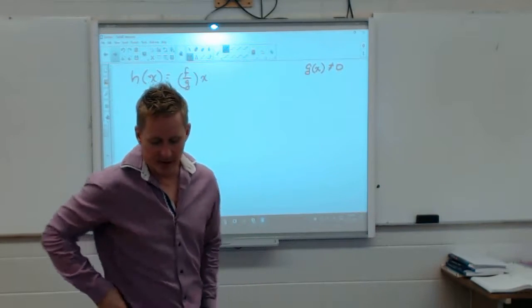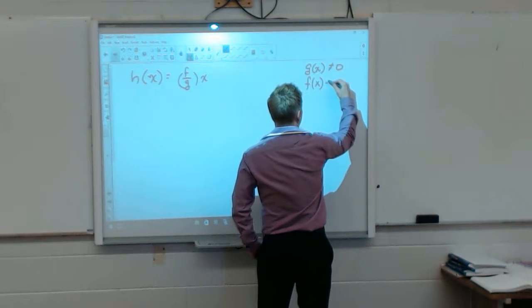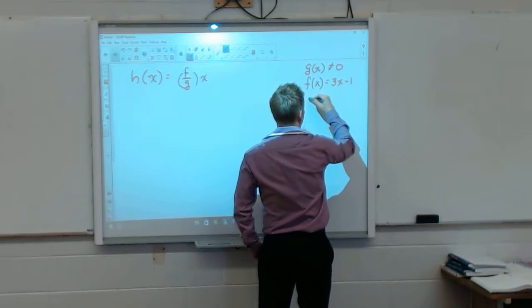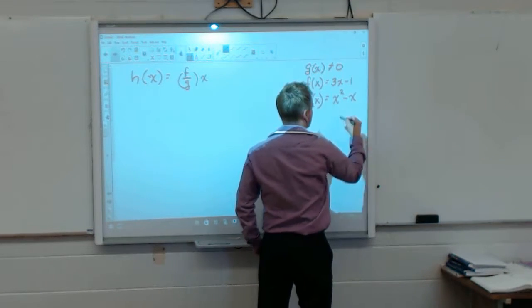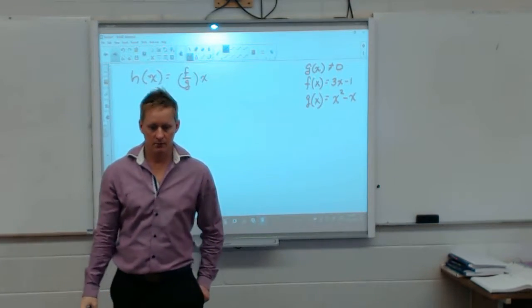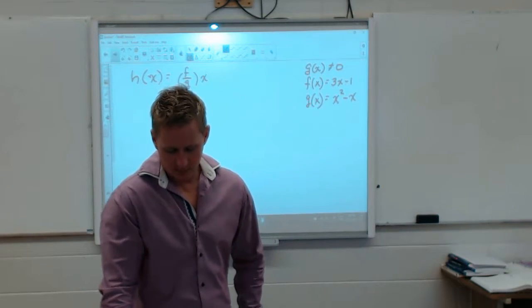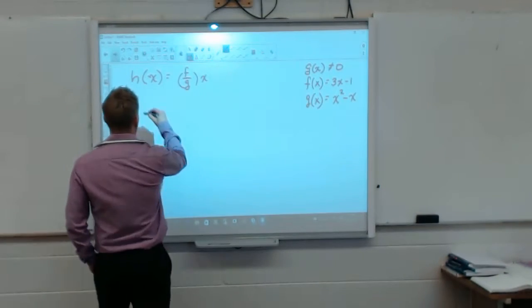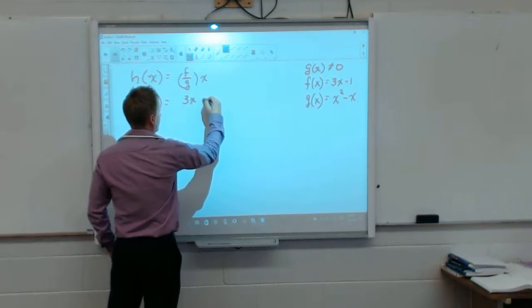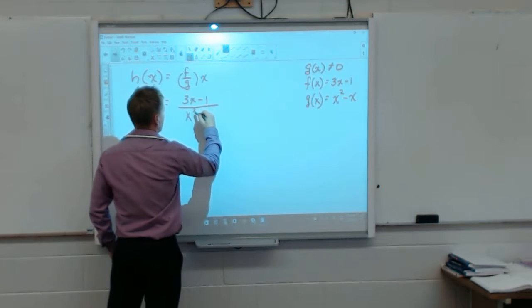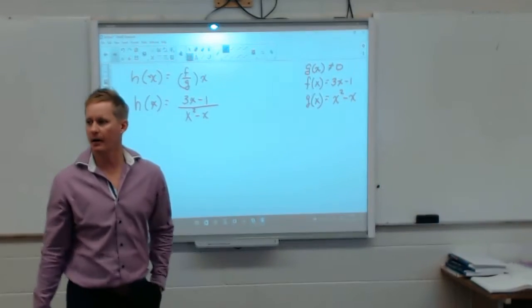Okay, so then f of x is 3x minus 1. g of x was x squared minus x, is that right? Okay. So then h of x would be equal to 3x minus 1 over x squared minus x. And then we'd have to do some simplifying, and we would graph this on our calculator again.